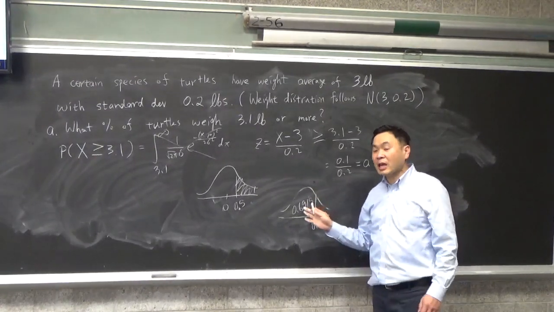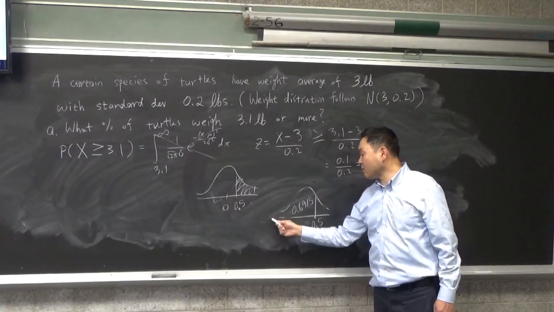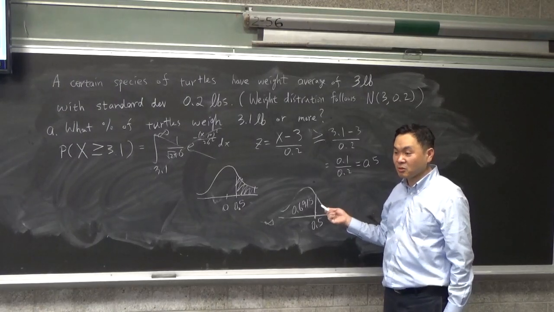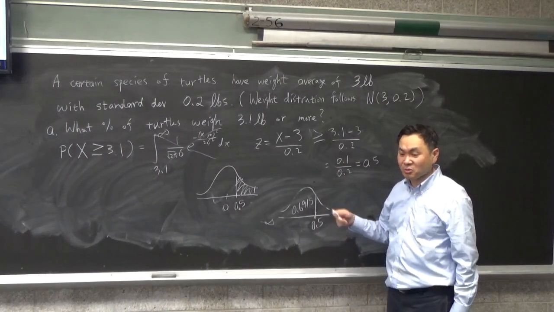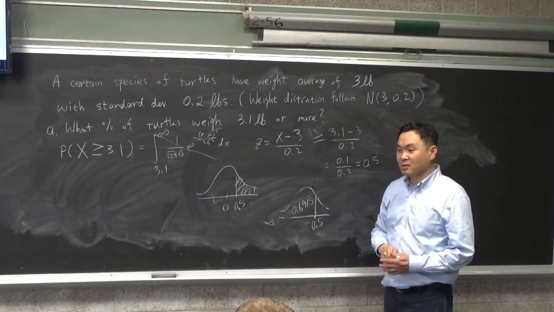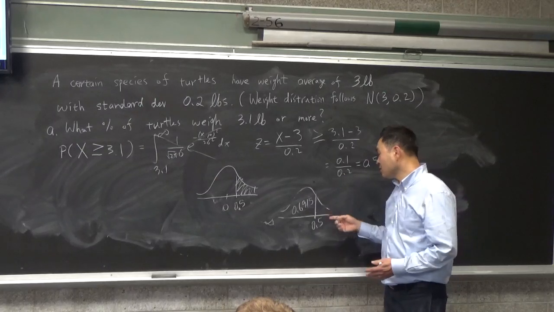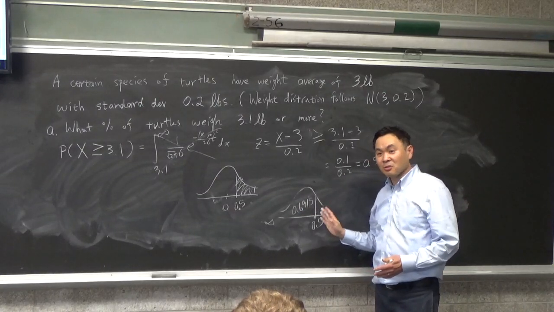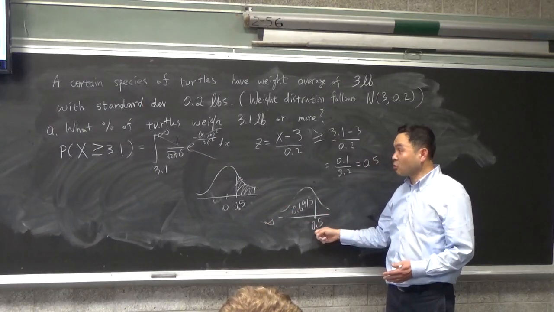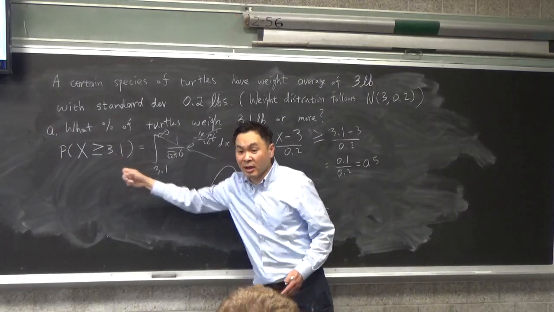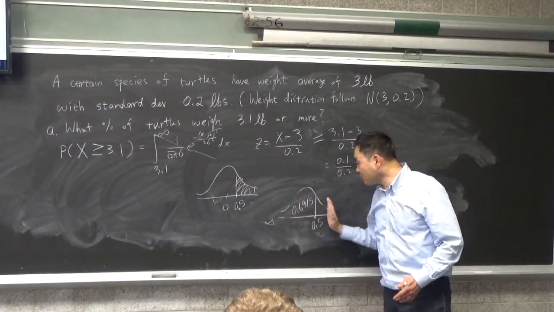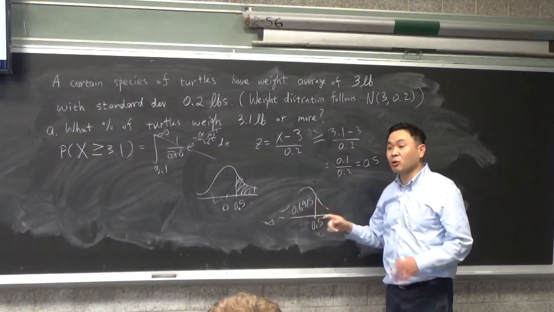But what's given in the table is the area from negative infinity to 0.5, right? It says area to the left of the z-score. So 3.1 has a z-score of 0.5, and to the left of it has 0.6915 according to this table.